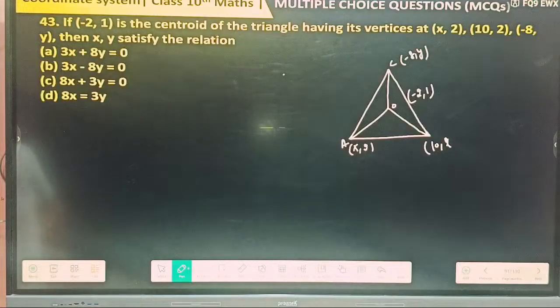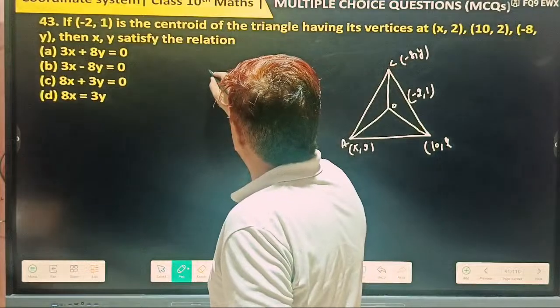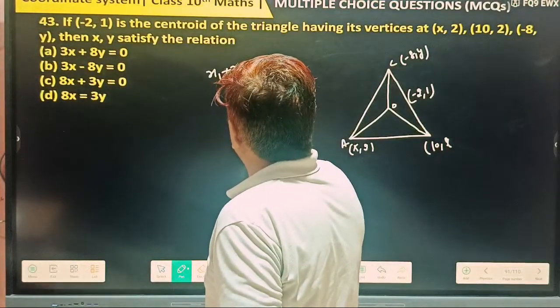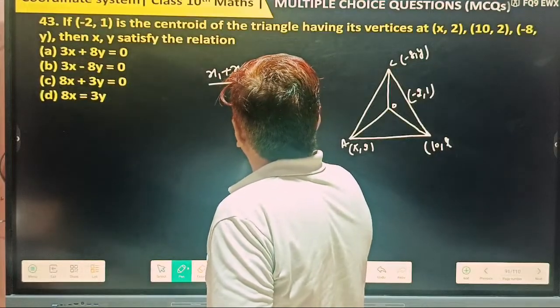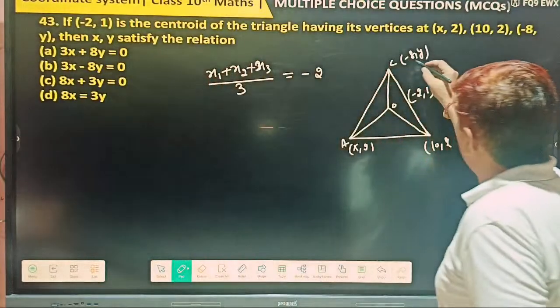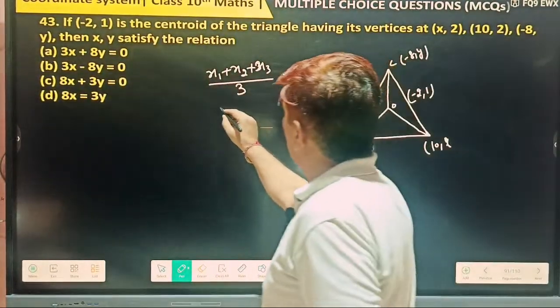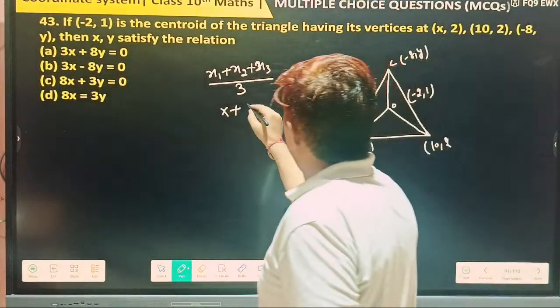What did I already tell you? The coordinate of the centroid is minus 2 and this. So the formula is this: x1 plus x2 plus x3 by 3 is equal to minus 2. What's your x1? x plus 10.